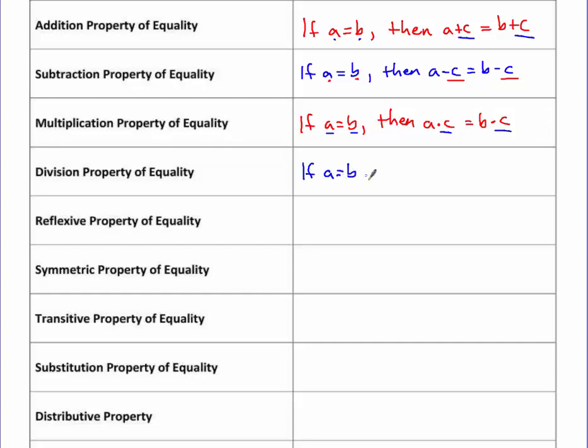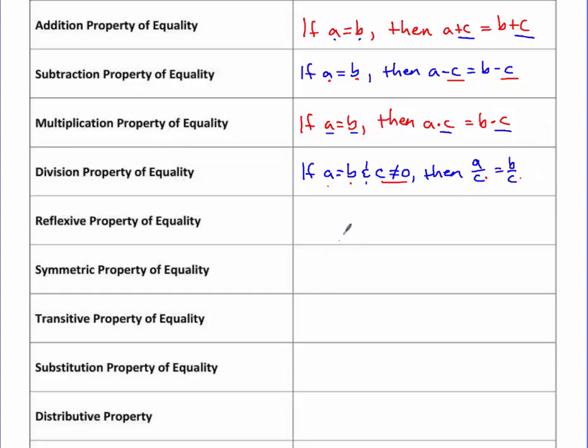If A equals B and C is not equal to 0, then A over C equals B over C. Again, with the equal sign, you can divide both sides by the same thing as long as that same thing is not 0.